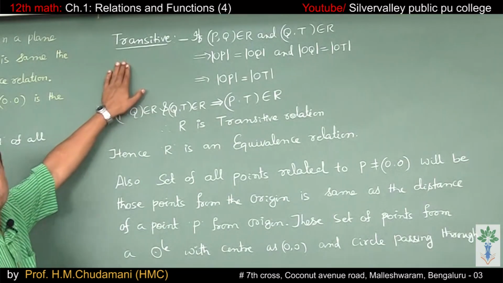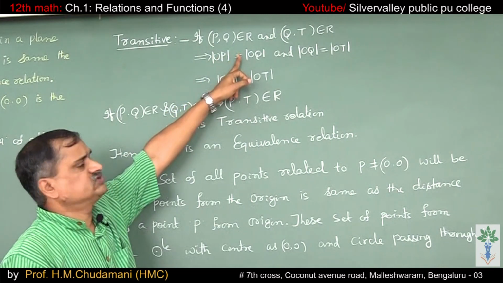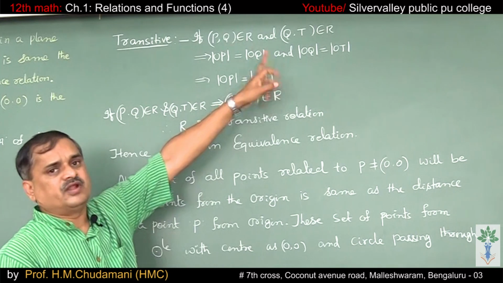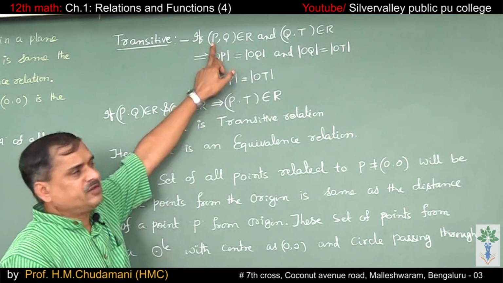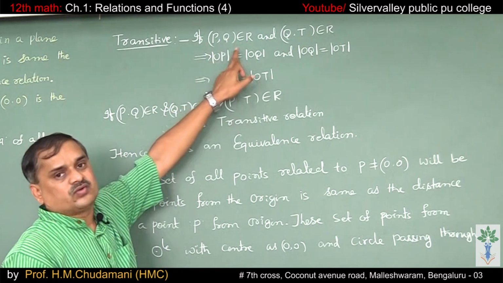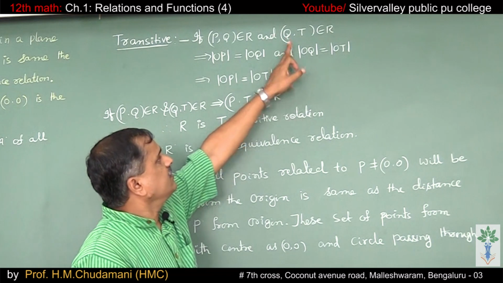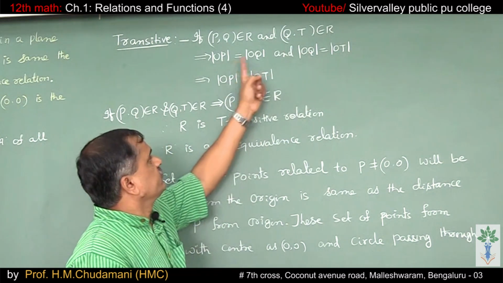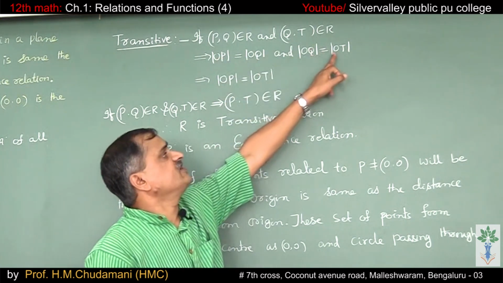Let us verify transitive relation. If (P, Q) belongs to the relation and (Q, T) is another pair belonging to the relation, this means OP is equal to OQ, and OQ is equal to OT. So this and this hold, means OP is equal to OT.